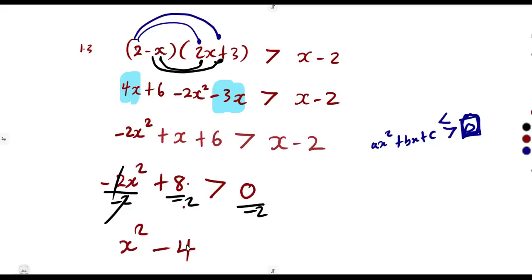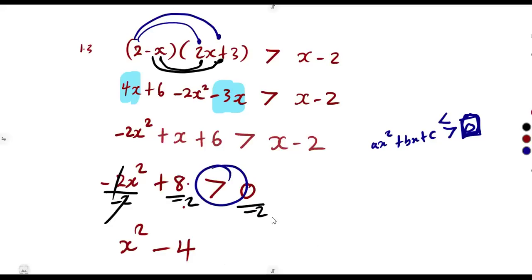So we have a negative 4. And look at the inequality here. We are dividing by a negative. Once you divide by a negative, whatever you have, the moment you divide by a negative, the inequality sign reverses, it changes. So it will be less than.